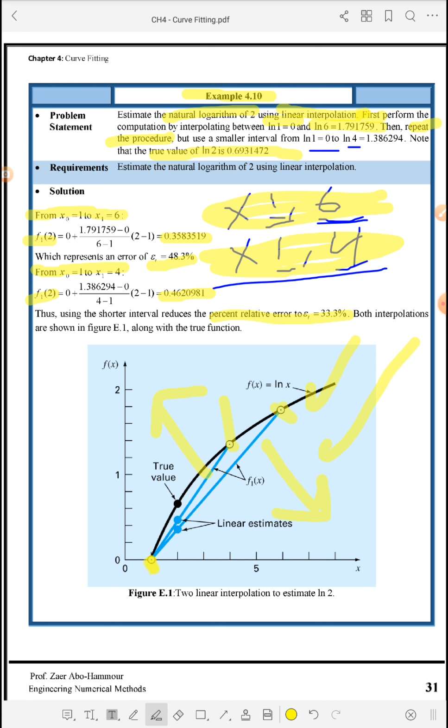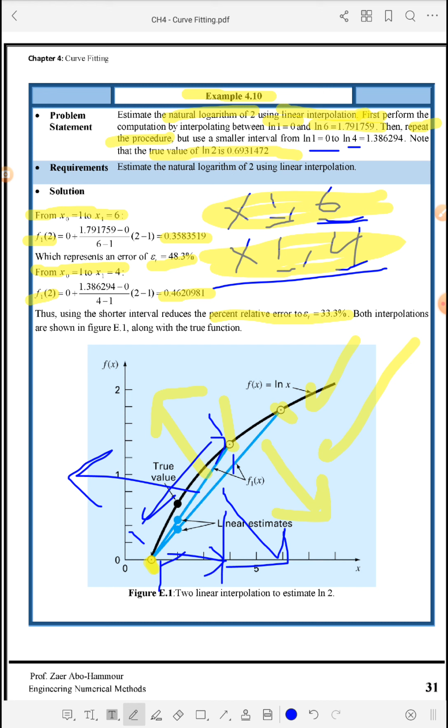So it's obvious that this line has a better approximation than this line, and the shorter the distance, here between 1 and 4, it's much better, it has a better approximation than when we are using between 1 and 6. So this is a validation of the concepts that we have discussed on the previous page.